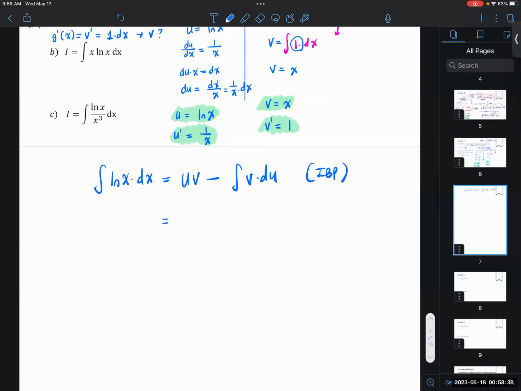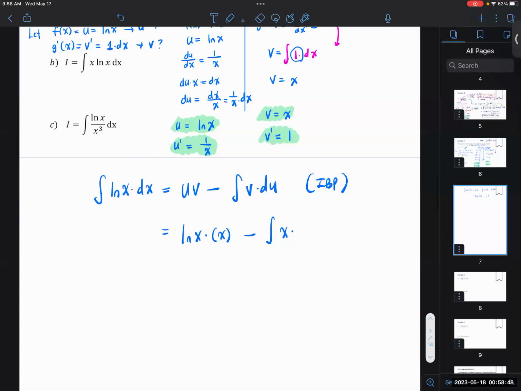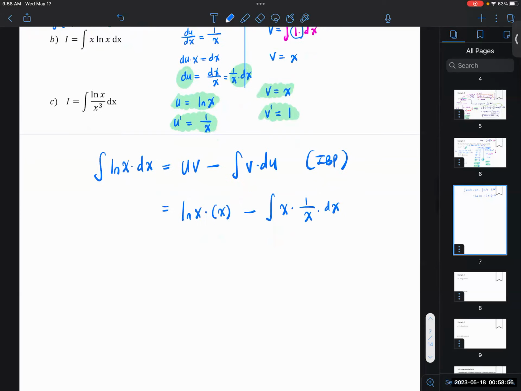So you know what the u is, ln x, we know what the v is, x, minus the integral of v, which is x, times du. What is du? You have a du right there, 1 over x dx. So 1 over x dx, correct? One more time, u, v, du.